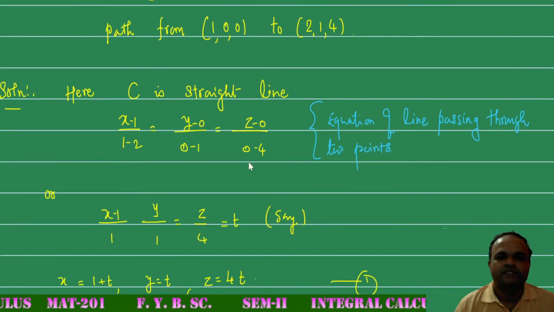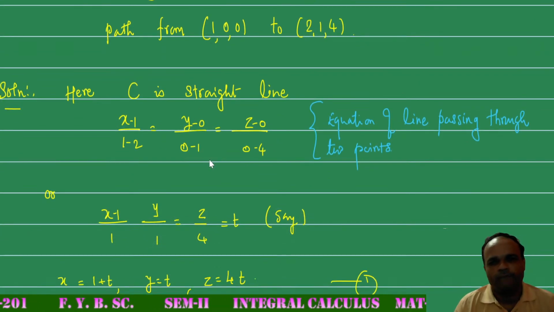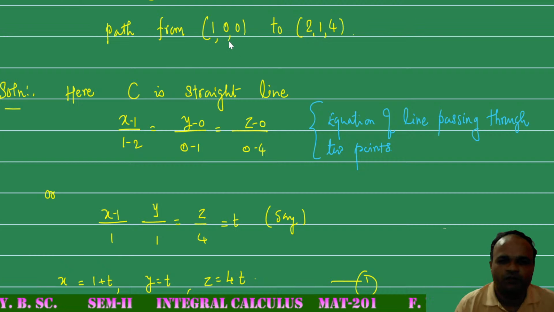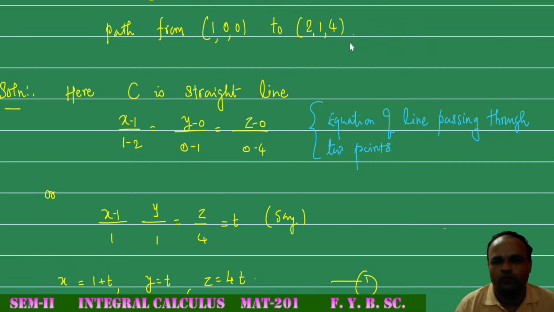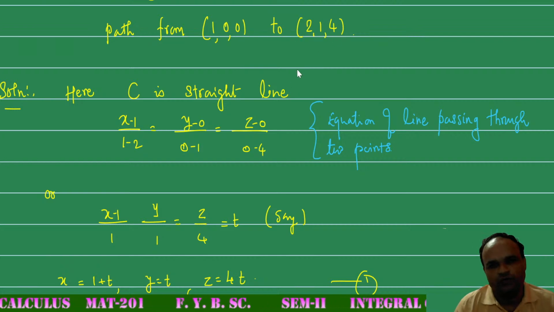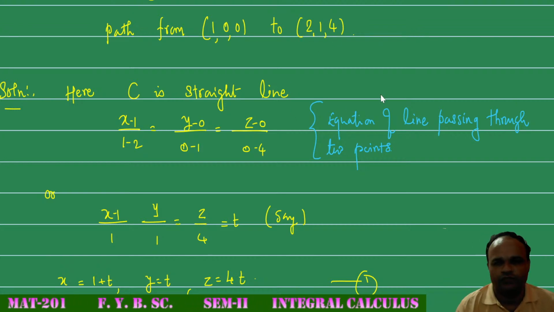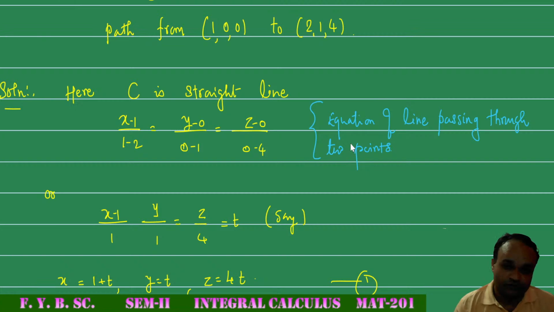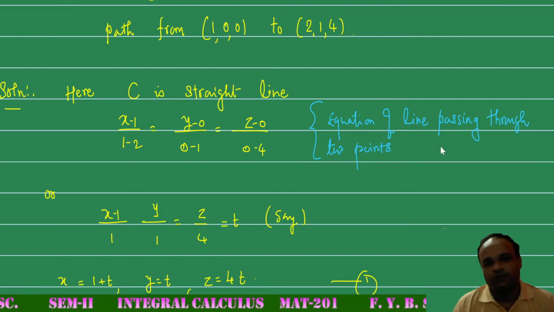Here C is a straight line. The path from point (1,0,0) to (2,1,4) means it is a straight line, and again using analytical geometry, this is a symmetric equation of line.